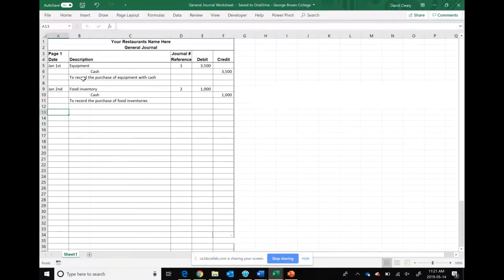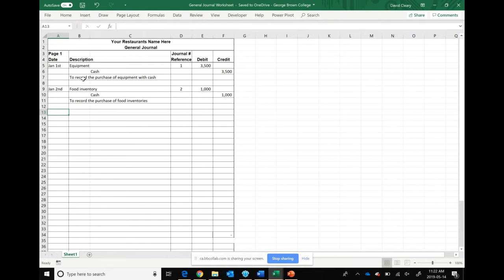It must be in chronological order by date, and it must always have a description. That is generic yet specific at the same time. That's an oxymoron, I get it. Simple yet slightly specific. For instance here, to record the purchase of food inventories. It's very general, short and simple, to the point, but it's also very specific.